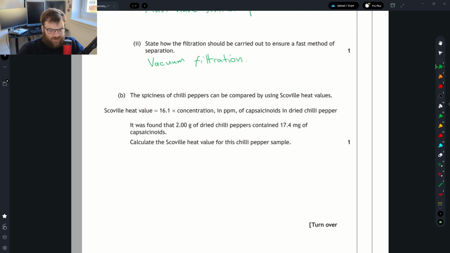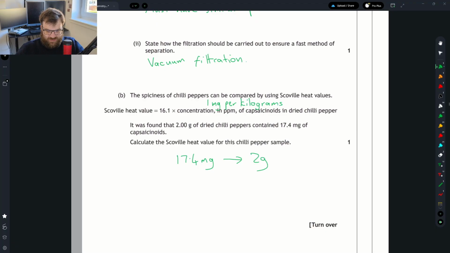Okay, so this one we're doing a bit of a proportion question here. One thing we need to know is that 1 ppm is the same as 1 milligram per kilogram. Or if it was to do with solutions, it'd be 1 milligram in a litre. But this is all about masses, so that will work out for this one. We are told that we have 17.4 milligrams in 2 grams.